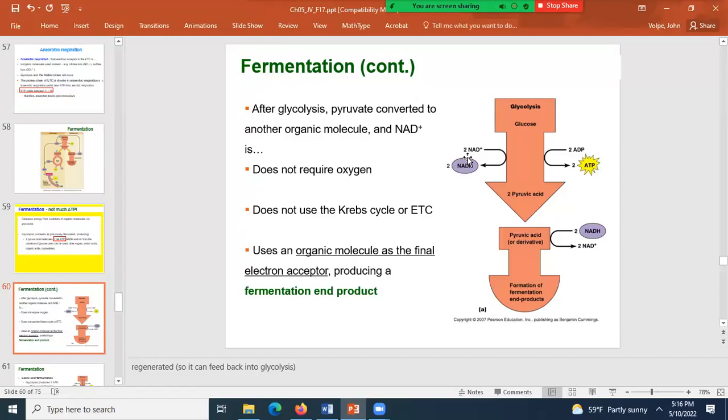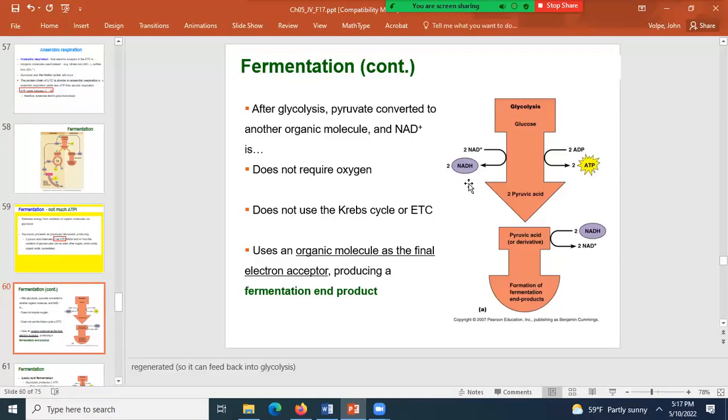Because NADH, if you remember, carries the electrons to the electron transport chain, and then those electrons are used to make ATP. Why does your muscle cell, when it's performing fermentation, not just keep that NADH around and wait until oxygen comes back to the muscle cell and then use that NADH with the electron transport chain? Because if the muscle cell did that, it would get a lot more ATP than it would get from fermentation.